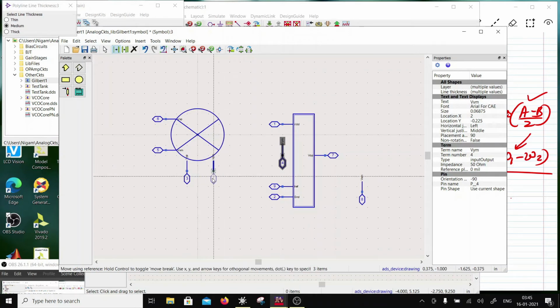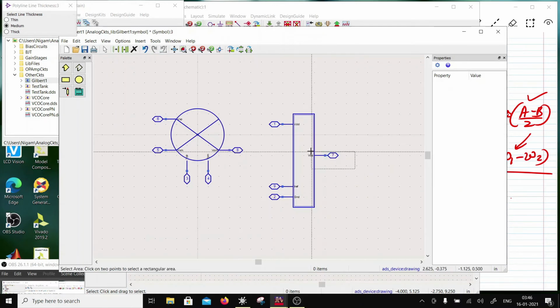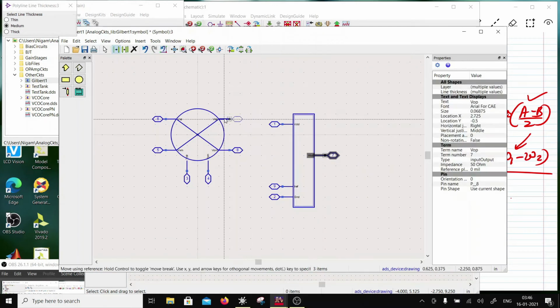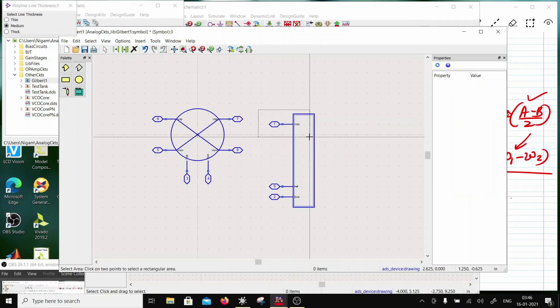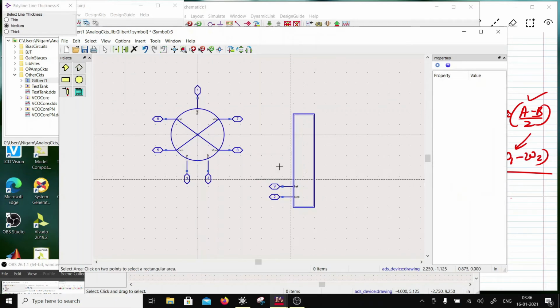Okay, so that's over here. Okay, fine. And then you have got VOM over here, and then you have VOP over there, and then you have VDD over here, and then you have ground.